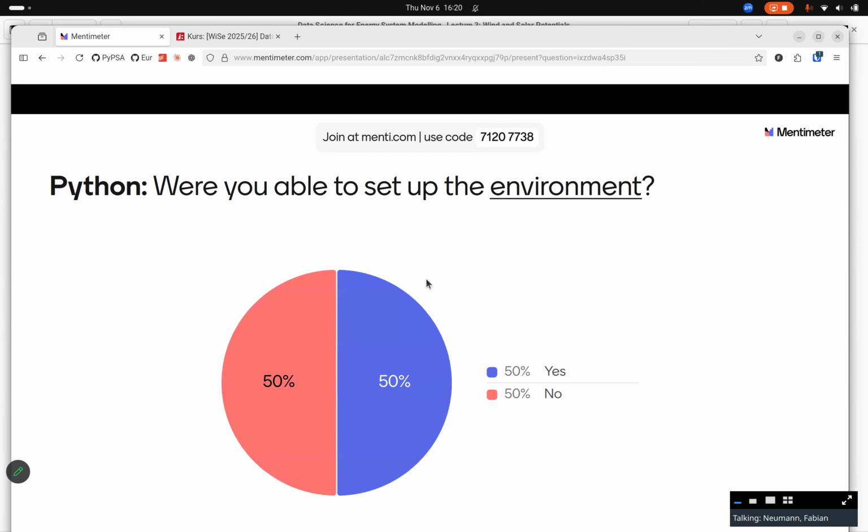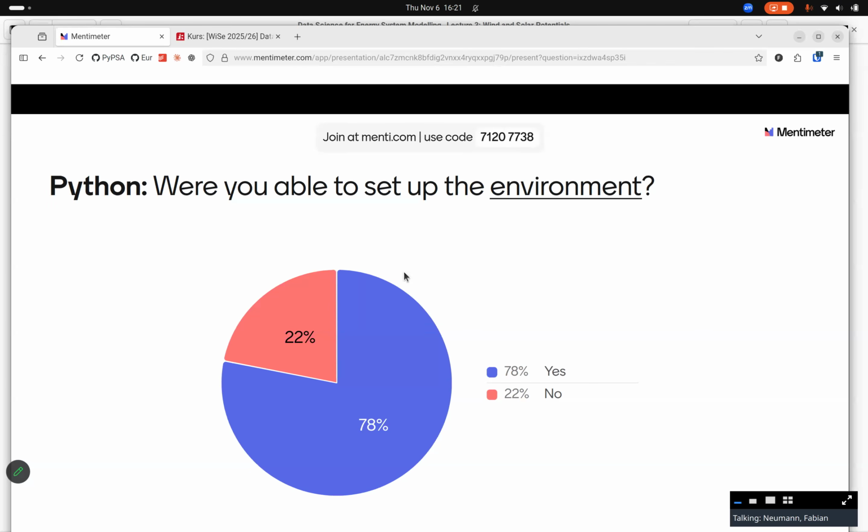Okay. It's the first question, whether you were able to set up the environment, and I think that's the main question, but it's also supposed to give me a feeling for whether you have started working on the assignments or the exercises, or whether there are any problems. And for those who are answering no, there's always the opportunity to ask after the lectures, or ask on the forum.